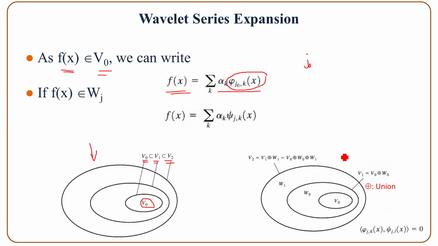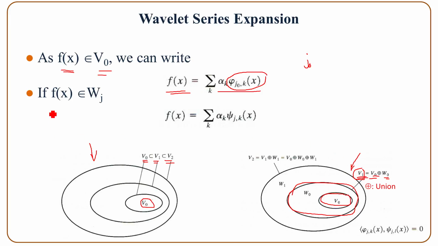And also on this side, V1 is a union of V0 and W0. This is V0, and that is W0, not including V0. And V1, this is V1. V1 is the union of V0 and W0.